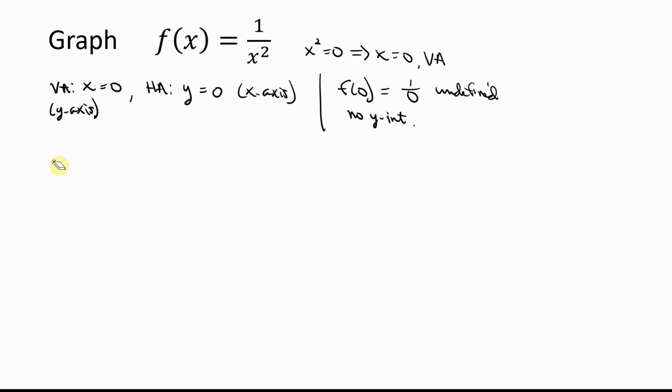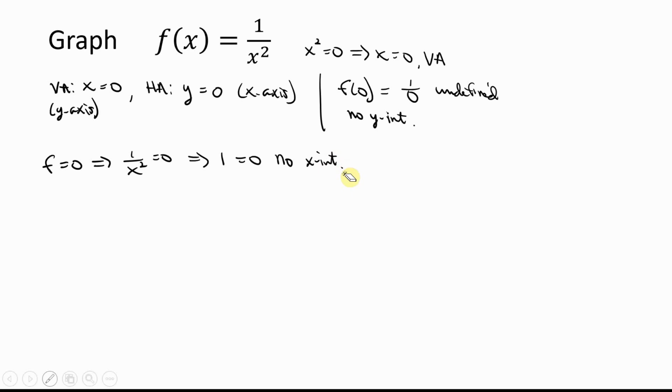So we find the x-intercept, we set the function equal to 0. That is 1 over x squared equal to 0. Well, that implies that you multiply both sides by x squared, you get 1 equal to 0. I don't want to go to hell. No. Okay. So that is no x-intercept.